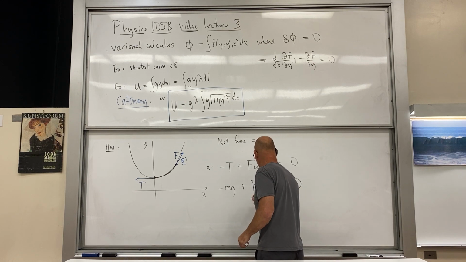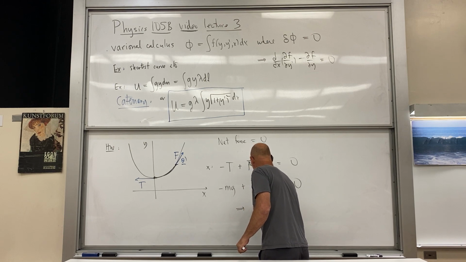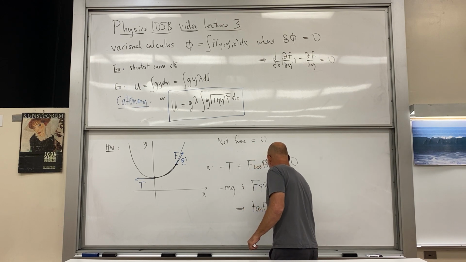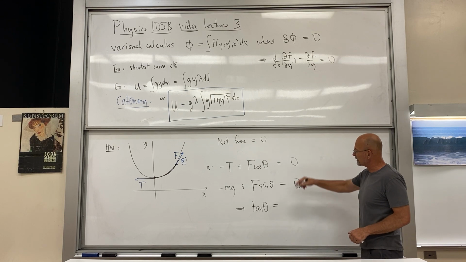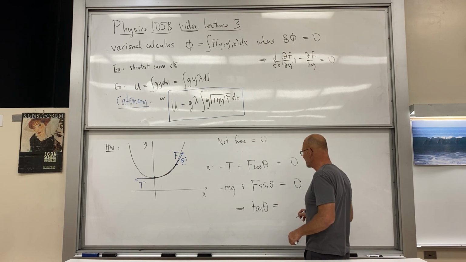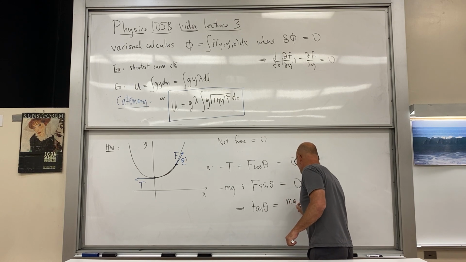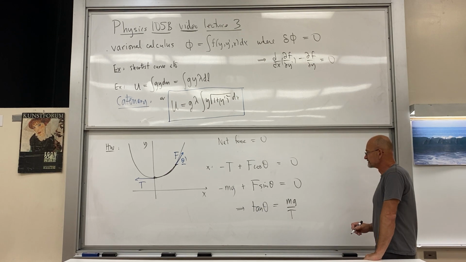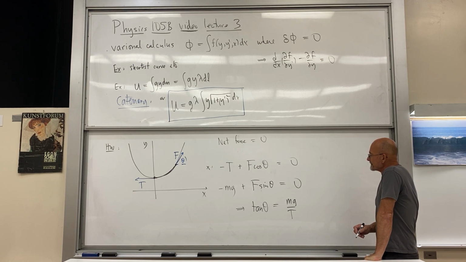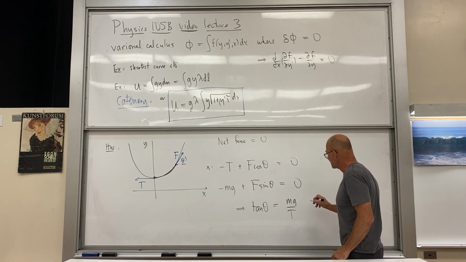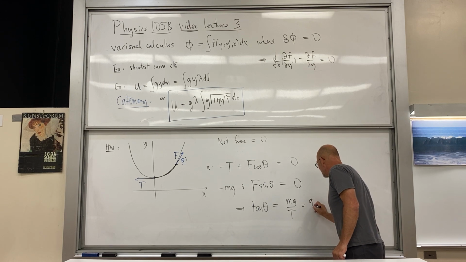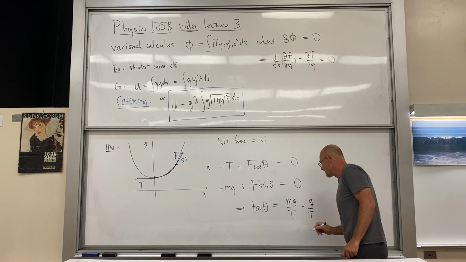So we have tangent theta, which is sine theta over cosine theta here, is going to be equal to mg over T. So far so good.